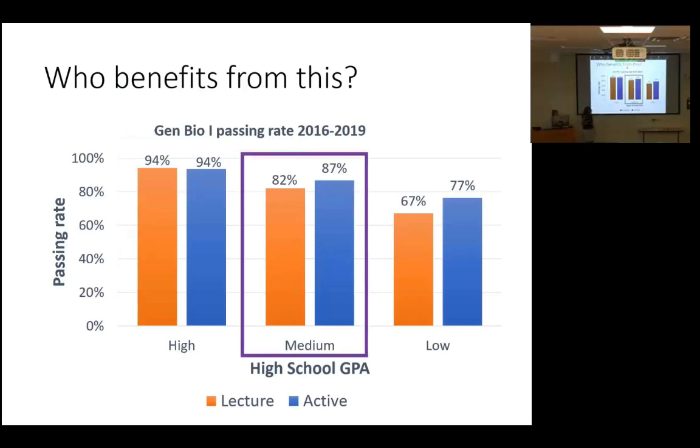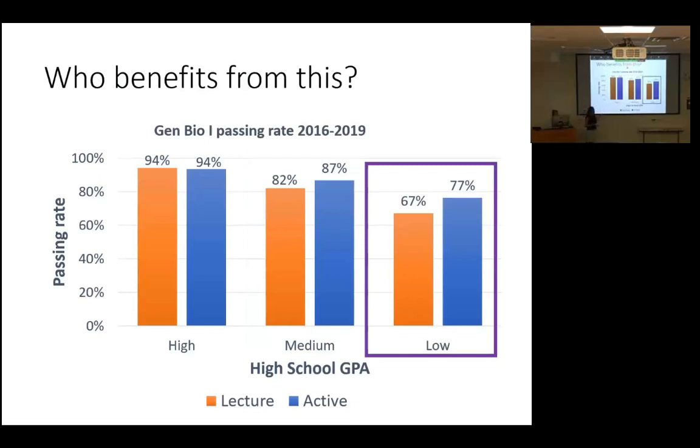For the students that did medium in high school, they do 5 points better if they take the active learning section. And the biggest change is for the students that in high school didn't do so well. They had a low high school GPA, so they probably come in underprepared. They have 10-point increase in their passing rates if they take an active section of Gen Bio versus a lecture class.